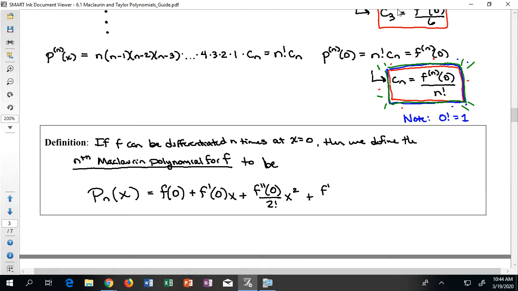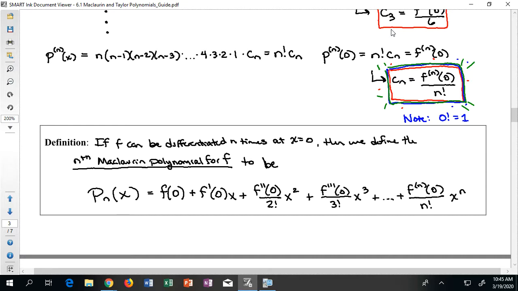But I could keep going here and say that c3 is going to look like this. And I could keep going on and on and on until I get all the way up to the nth derivative at 0 over n factorial, x to the n.